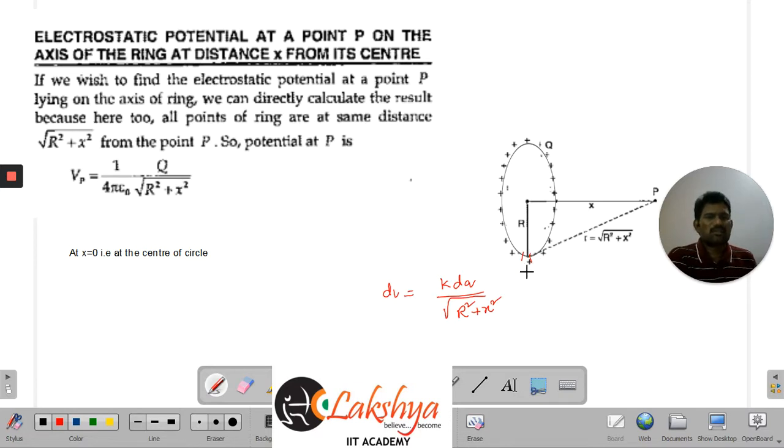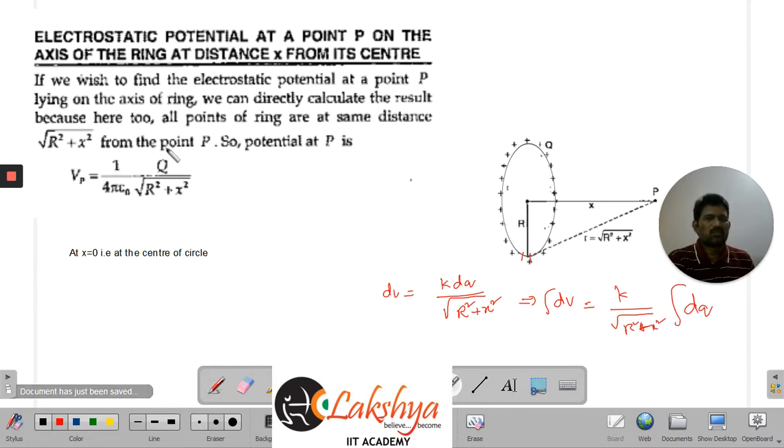And then we need to integrate over this element. The integral of dV is equal to k by under root of r square plus x square, which is a constant value, because the only variable in the case of this ring is dq. The integral of dq we can write as q.